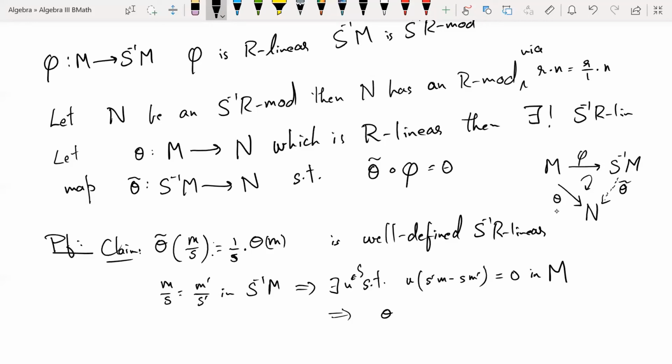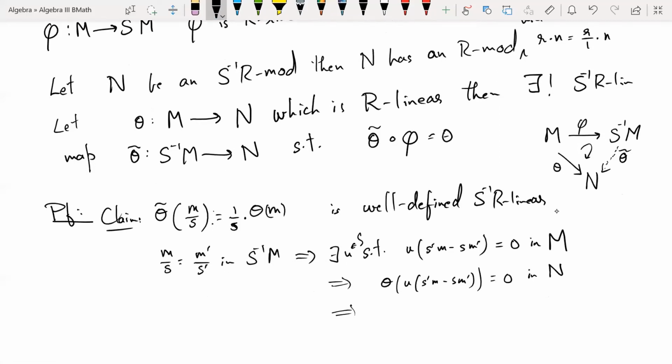So theta of U(S prime M minus S M prime) is 0 in N, because theta is R linear.